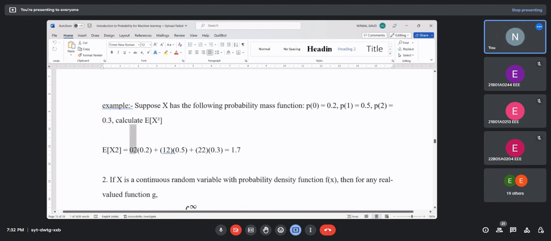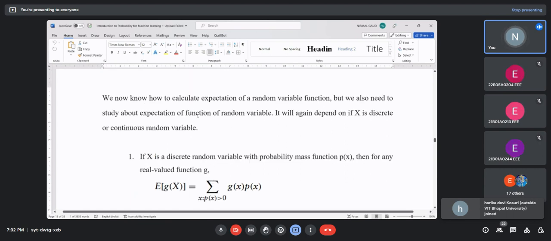These values 0, 1, and 4 are different function values over x, and I'm multiplying and just performing the summation, and the result I got is 1.7. So you just need to multiply g(x) with p(x) and sum all of them. That will be your expectation of a random variable function in the discrete case.